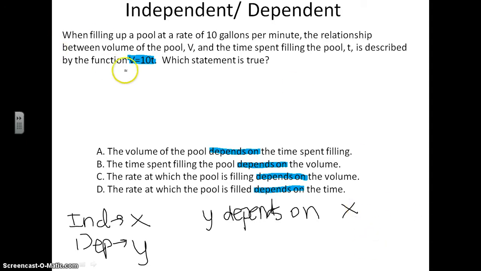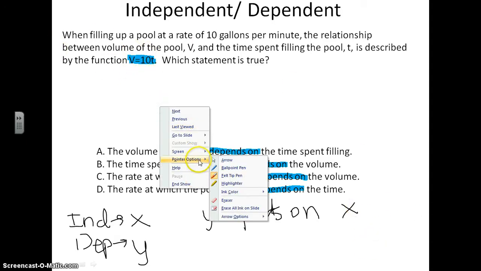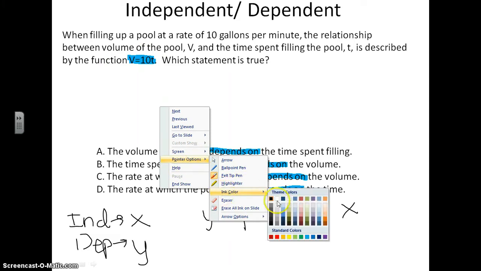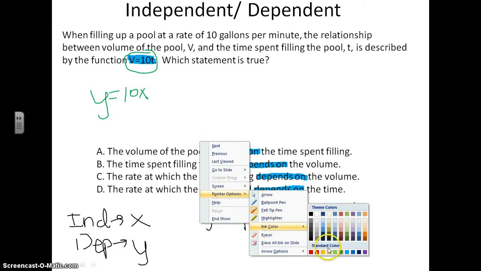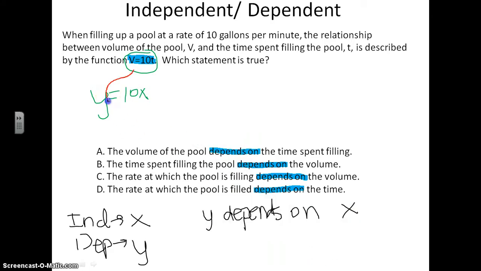So now let's go back to this equation, and we're going to take our equation up here, and we're going to turn it into y equals. So it would be y equals 10x. Now, you look to see what is in place of what. So, y took the place of v, so we know that v depends on, and then x took the place of t, so it depends on t.